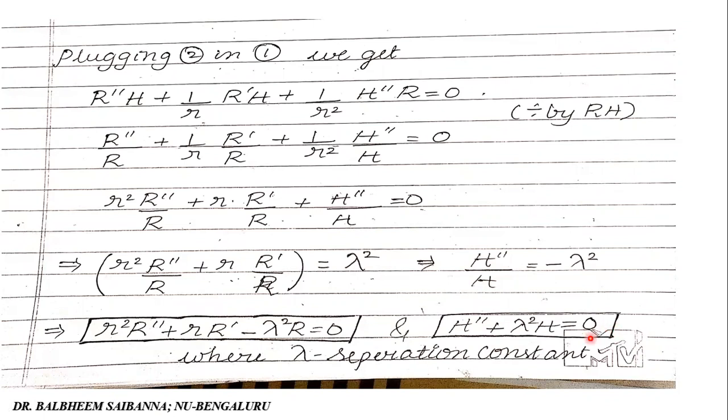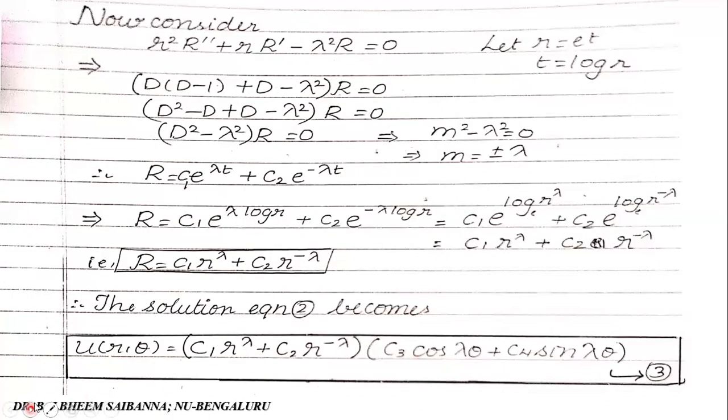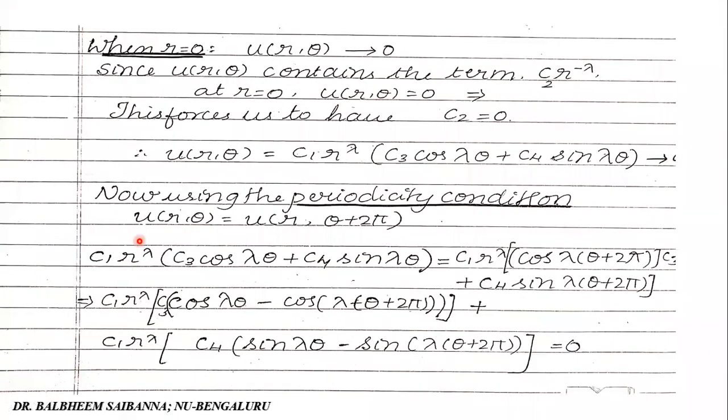When the roots are imaginary, our solution is in terms of cos and sin. So C3 cos lambda theta plus C4 sin lambda theta. Call this equation number 3.